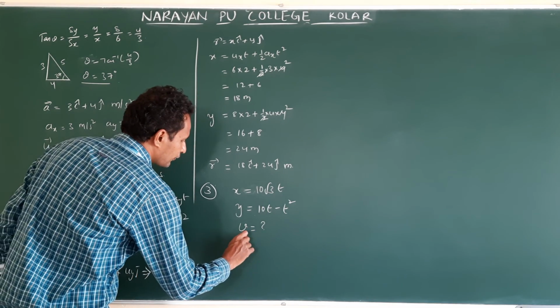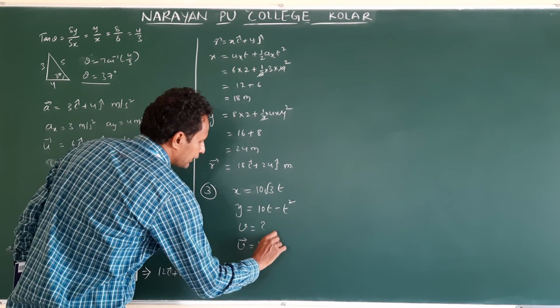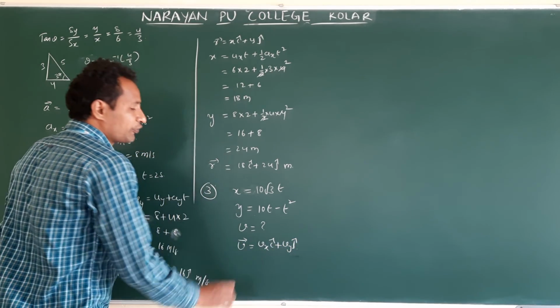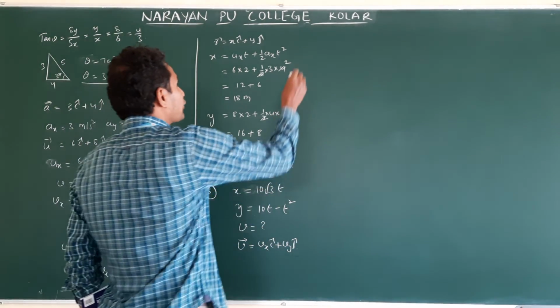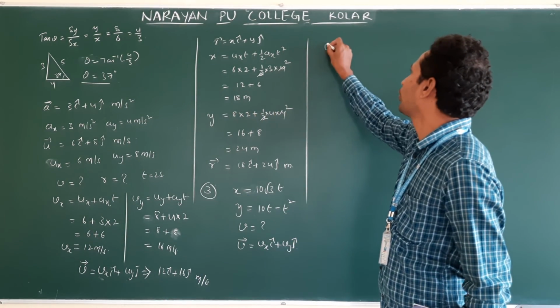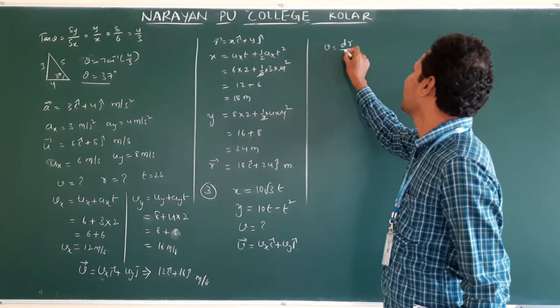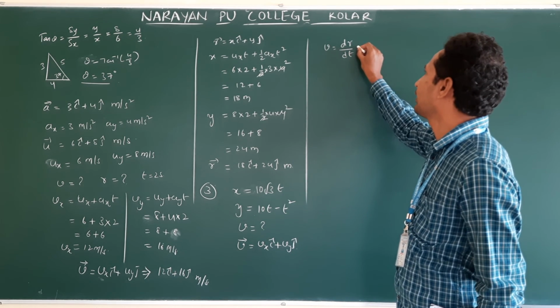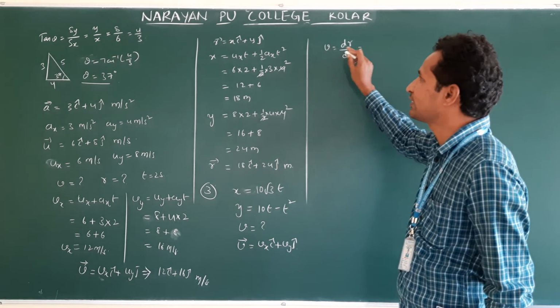What is the V vector? V is equal to Vx i cap plus Vy j cap. Then how do you get Vx, Vy? In the beginning, we have seen instantaneous velocity. V is equal to, how do we write? dr by dt. Understand? Am I correct or not? This r value, if you substitute, what is r?